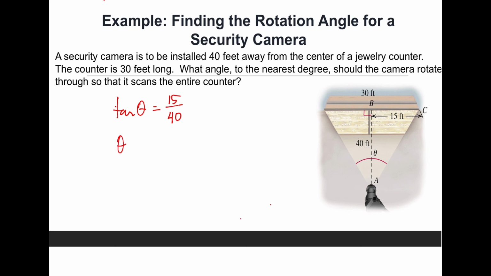To find theta, then, we're going to take the anti-tangent, or the tan inverse, of 15 over 40. And that gives me 20.56 degrees.